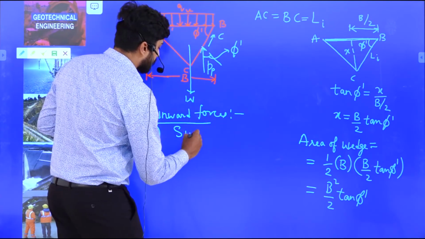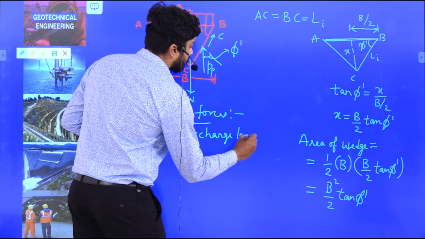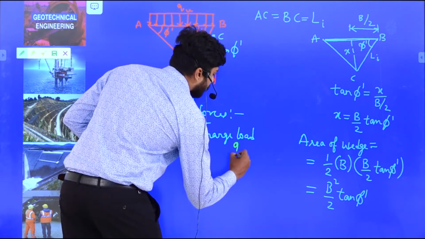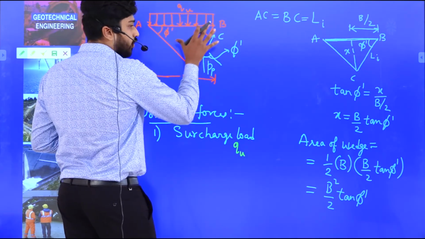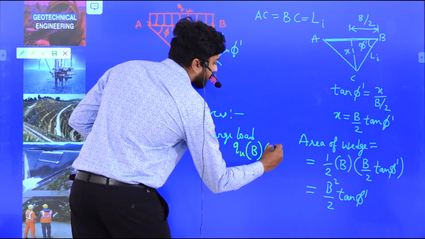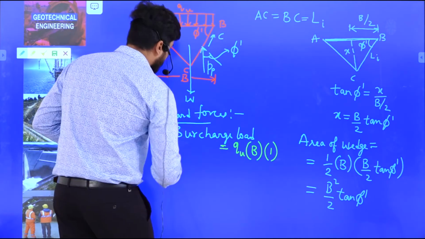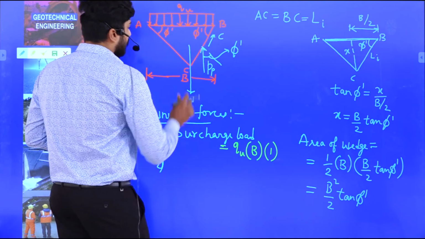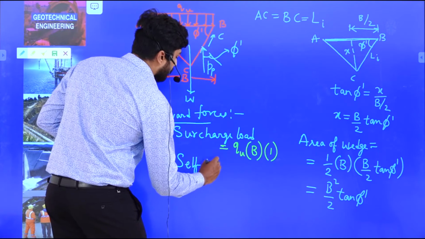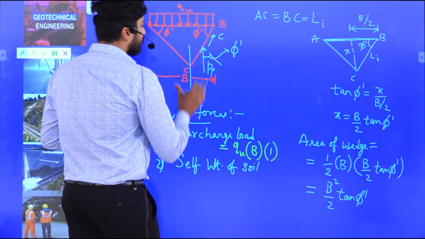So I can write this as QU, which is acting upon the particular area, into B into 1, since I have considered only a two-dimensional plane. The other type is the self weight of soil.